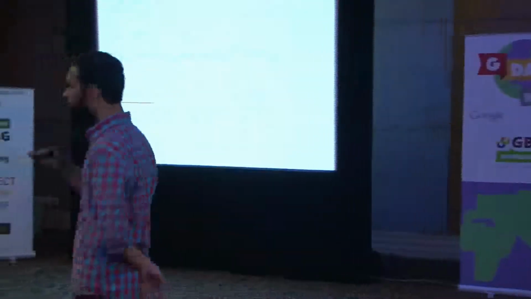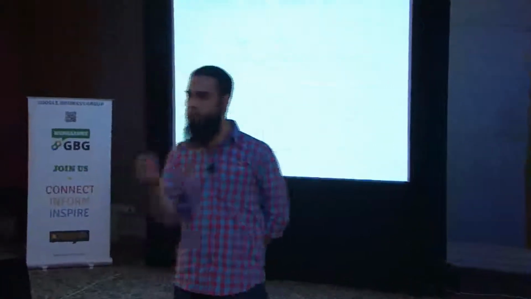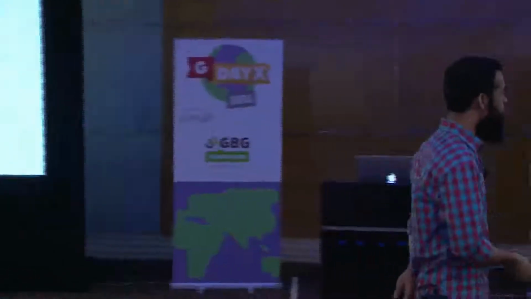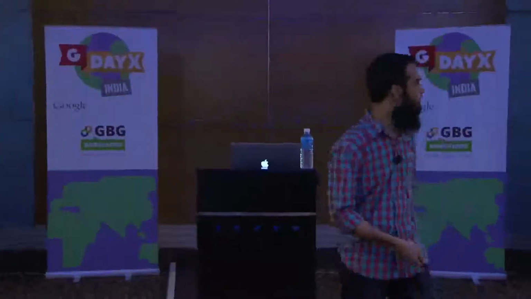What are the keywords that people are using so that I can modify my content to have those keywords in my web pages, and so on. It will also show you how many times your pages have appeared in the search results, how many click-throughs you have gotten, and what has been the average position of each of these pages in your search results. And a lot of other information, of course.